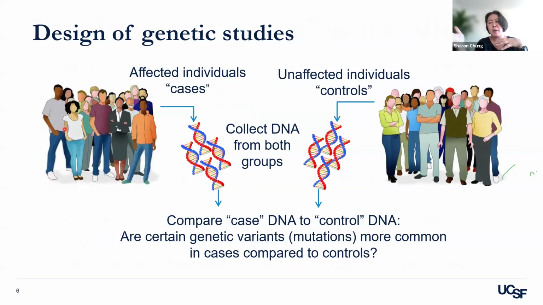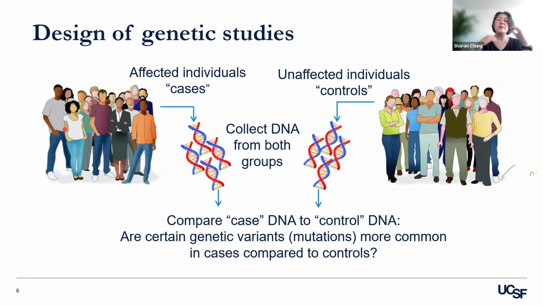And you get a large group of people who don't have your disease of interest. We call them controls. We collect DNA from both groups, and we compare DNA from the cases to DNA from the controls to see if there are certain genetic variants or genetic mutations that are more common in cases compared to controls.